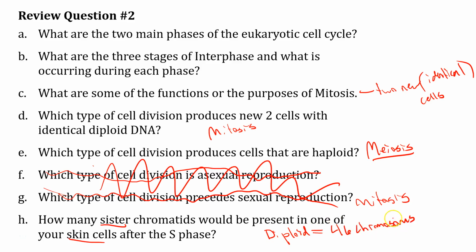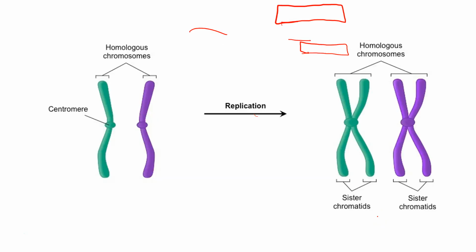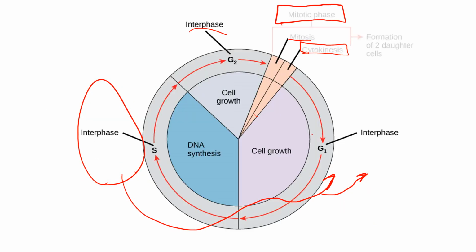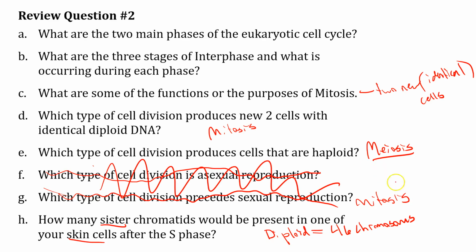And then if each one of those chromosomes duplicates into 2 sister chromatids, much like we saw in this figure here, where you have 1 chromosome duplicating, forming 2 sister chromatids. If that was the case, then 46 chromosomes would then turn into 92 sister chromatids. All right.